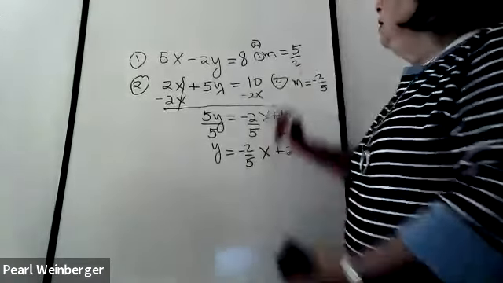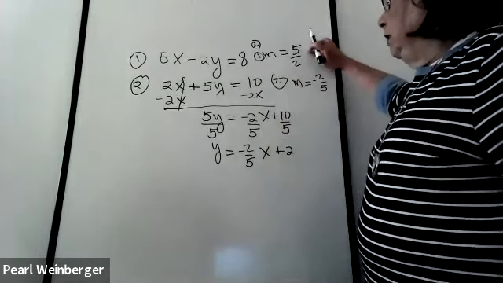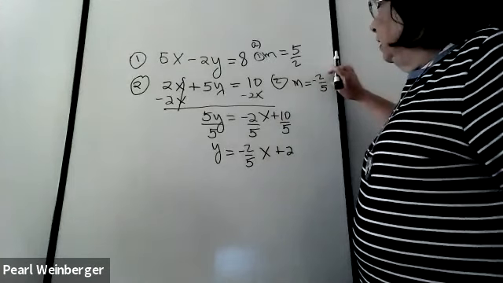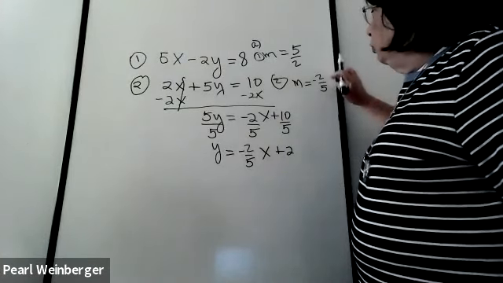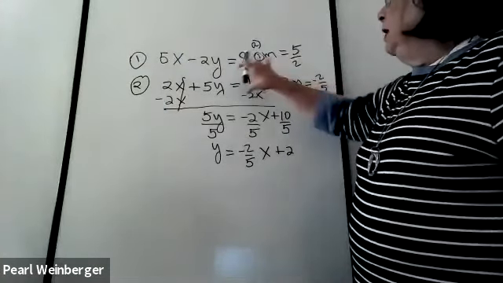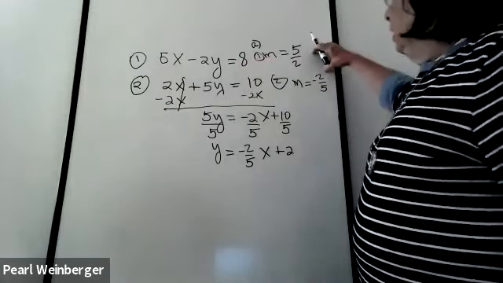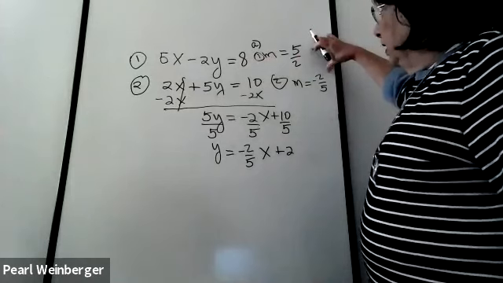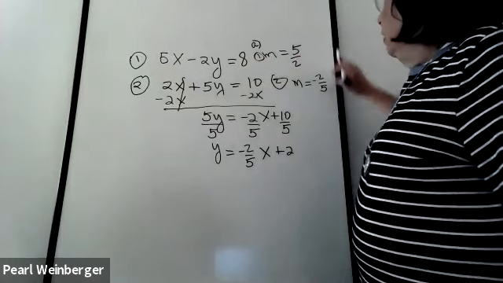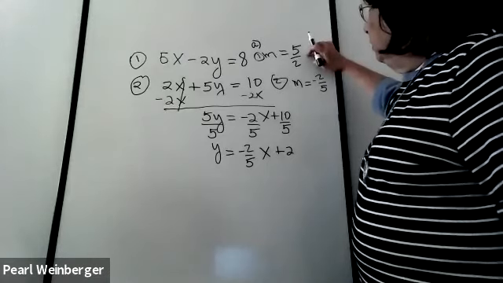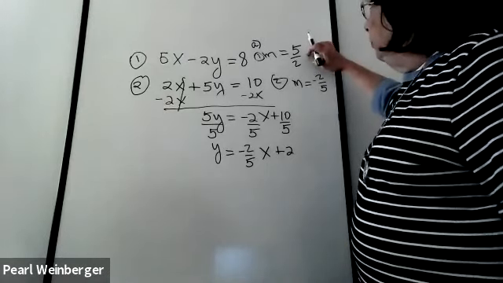The slope of the first line turned out to be 5/2. The slope of the second line turned out to be -2/5. That's by putting them both in the y equals mx plus b form. And when I compare the two slopes, I see that the slope of the second one is the opposite reciprocal of the slope of the first one.